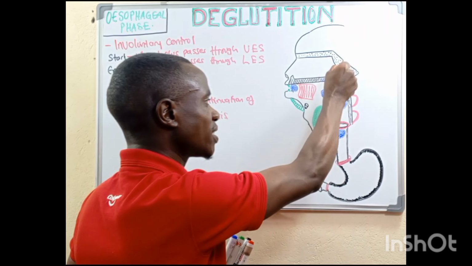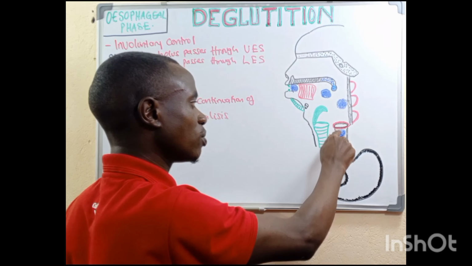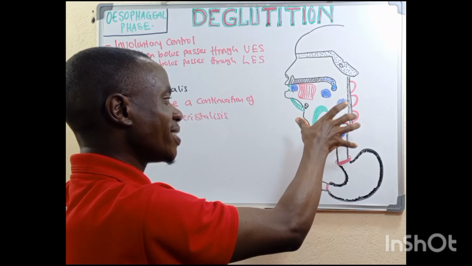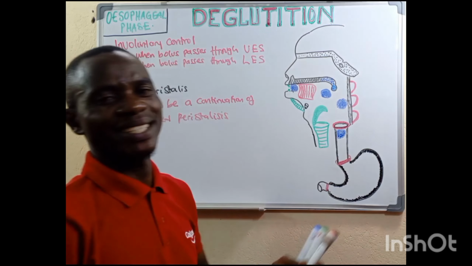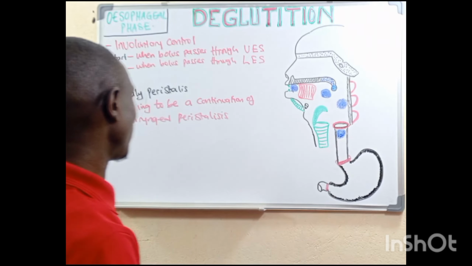As the pharyngeal peristalsis moves the bolus and it enters the esophagus, the primary peristalsis continues moving the bolus down until it reaches the stomach. As simple as that.